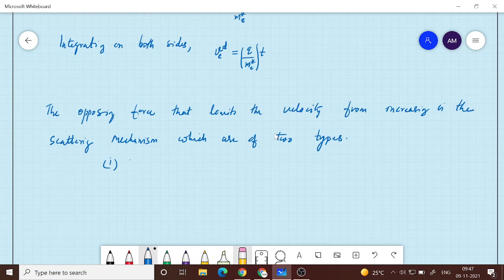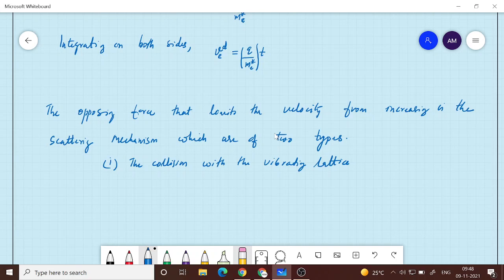Okay, the collision with the vibrating lattice. I hope everybody remembers what a lattice is. We started in the first part of the course with the lattice. So there is a 3D lattice. We said that they correspond to the atoms sitting at a regular interval. If you're taking silicon, we saw that it has what is called a diamond structure. So atoms are placed in regular intervals in a particular way.